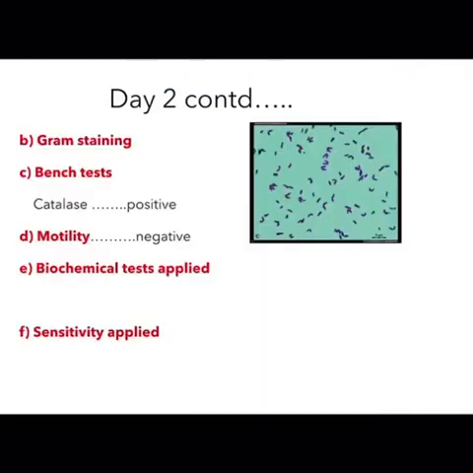On performing gram staining, again you will find gram-positive rods, and you can see the V or L-shaped arrangement. They are catalase positive, non-motile. Go for biochemical tests and sensitivity.